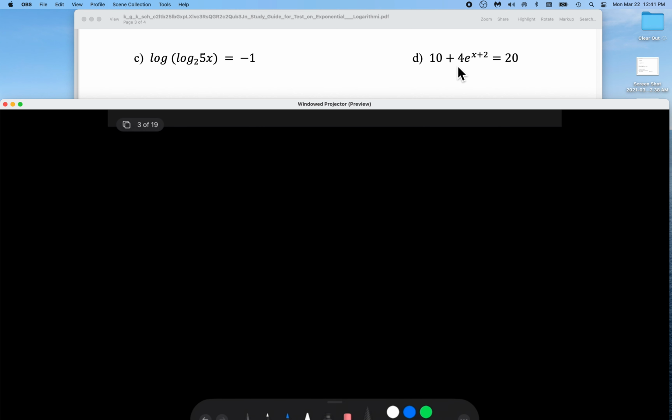Over here, first thing we're going to do is clean up all this mess and see if we get a common base. So I'm going to subtract 10 first and divide by 4, and I'm going to end up with e to the x plus 2 equals 5 over 2 once I reduce 10 over 4. I can't get a common base here.